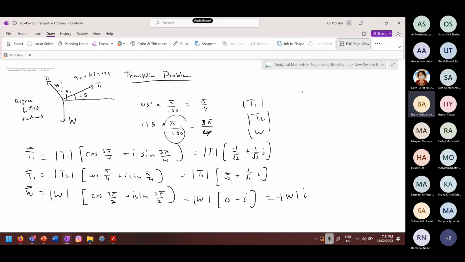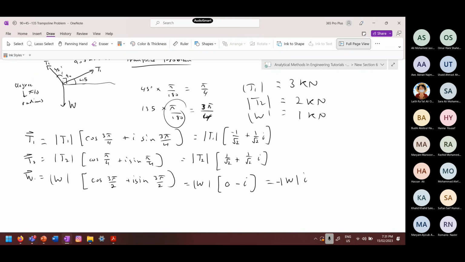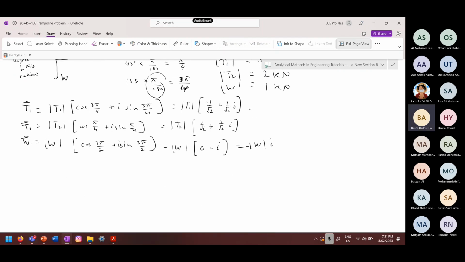Let's say that these values are given in the following order: 3 kilonewtons, 2 kilonewtons, and here 1 kilonewton.